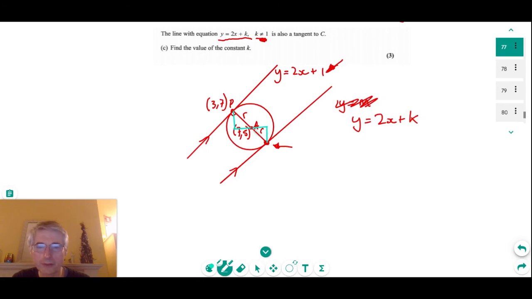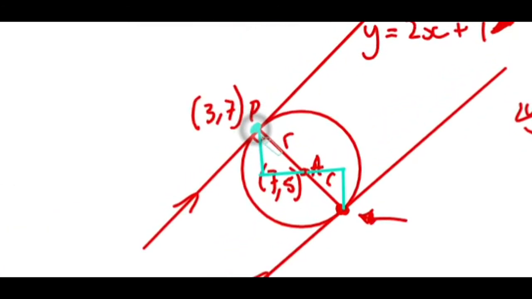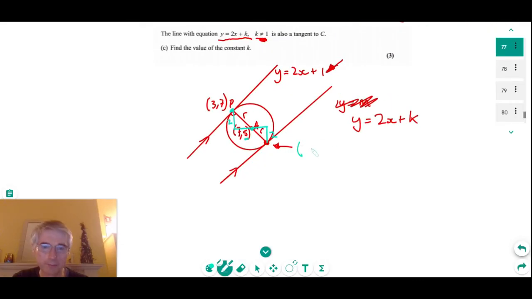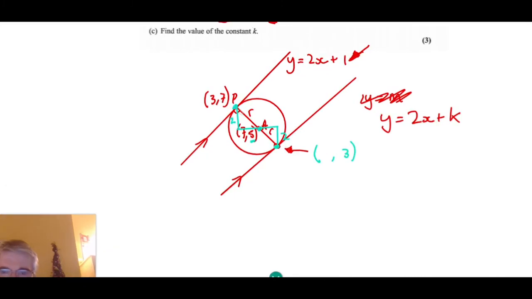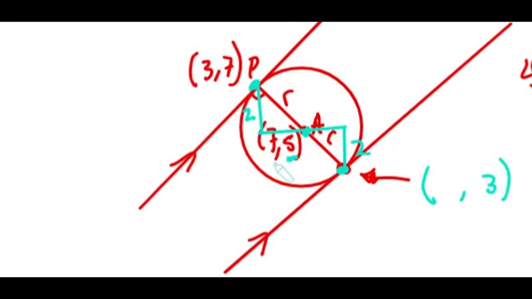If we look at the difference in the y coordinate between this point and this point, we go from 7 to 5, so that distance is 2, which means this distance is also going to be 2. So we'd subtract a further 2 from the 5, the y coordinate of point A. That means the y coordinate of this point here is going to be 3. We use a similar process of logic.